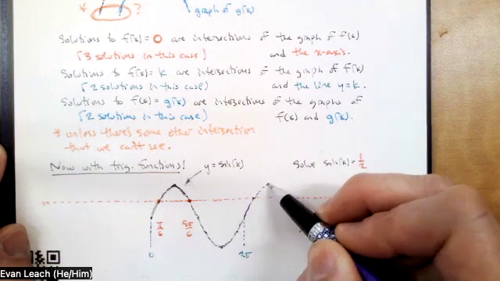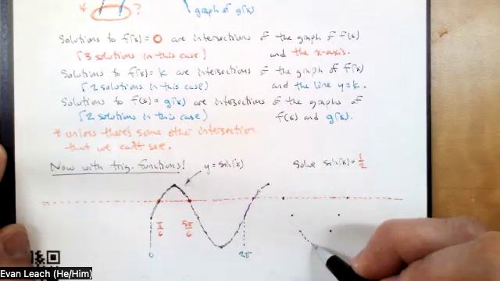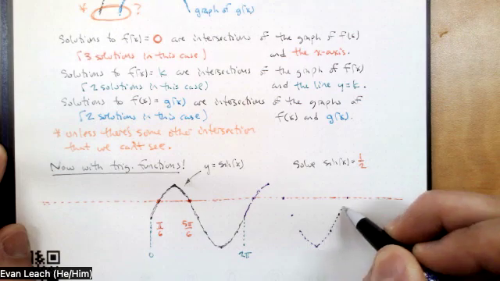From 2 pi to 4 pi, we're just going to see a copy of this same cycle.